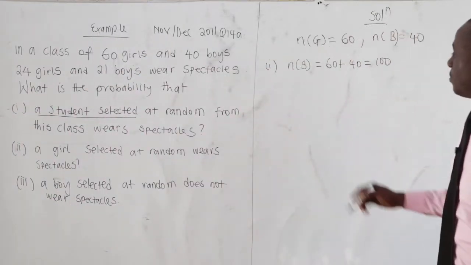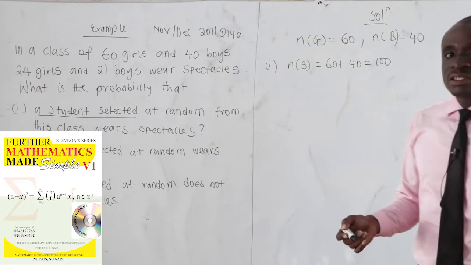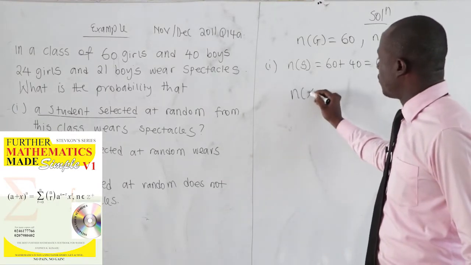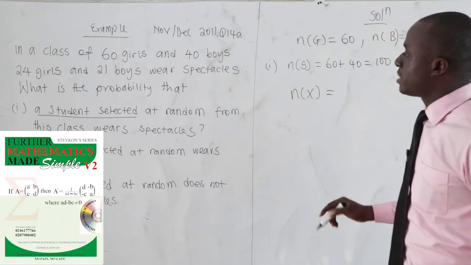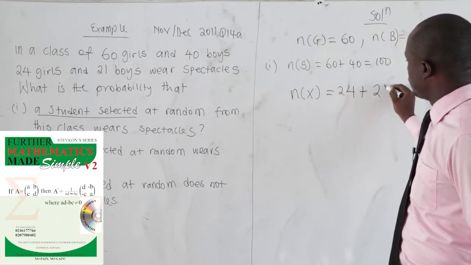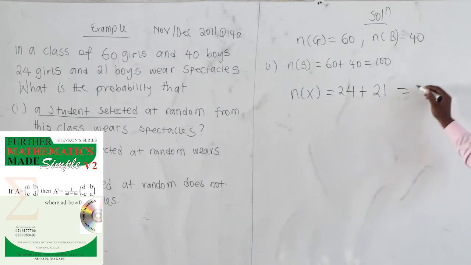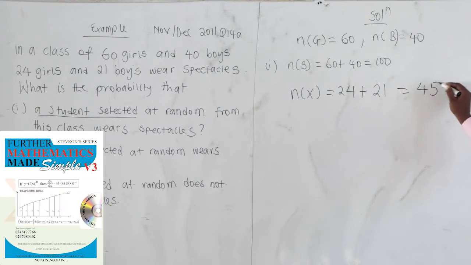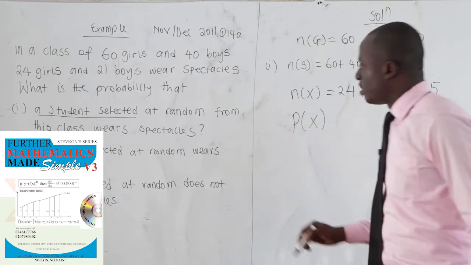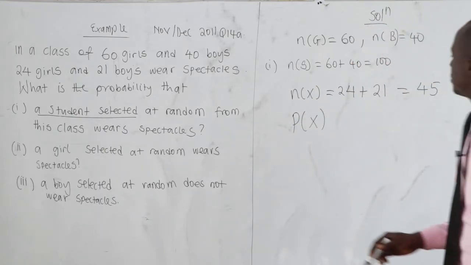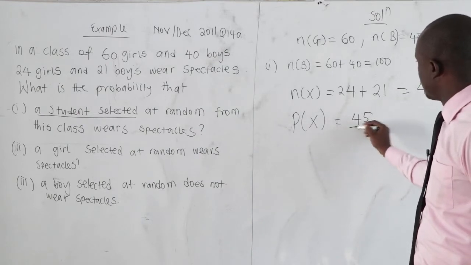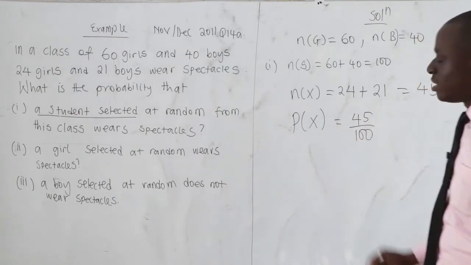So let's suppose that X is the event of those who wear spectacles. So the number of those who wear spectacles is 24 plus 21, which gives us 45. So the probability of getting a student that wears spectacles will be 45 all over 100.